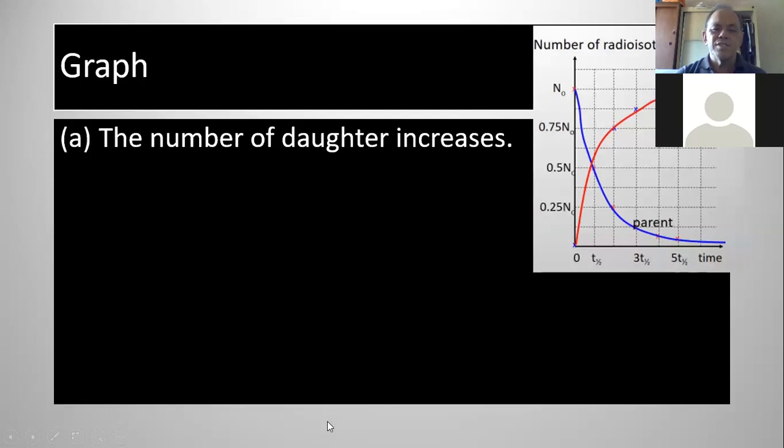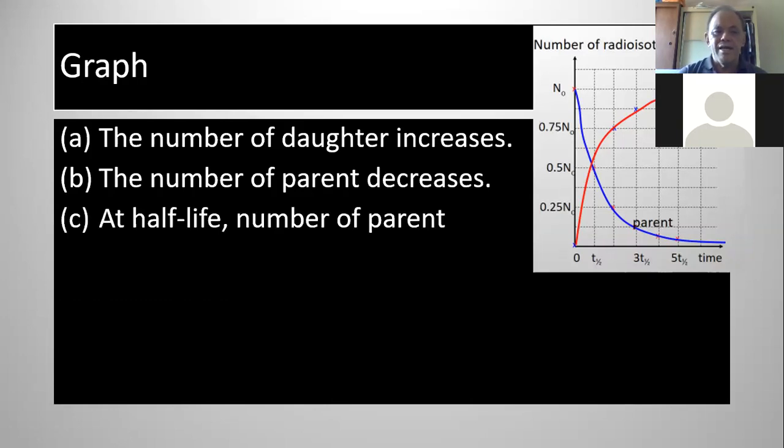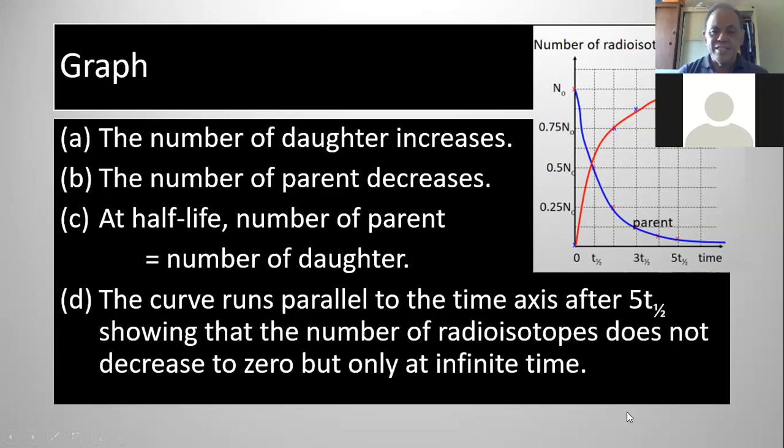The number of daughter increases, and the number of parent decreases with time, as we can observe from the sketch. At one half-life, the number of parent equals the number of daughter. After that, the daughter continues to increase and the parent decreases more.